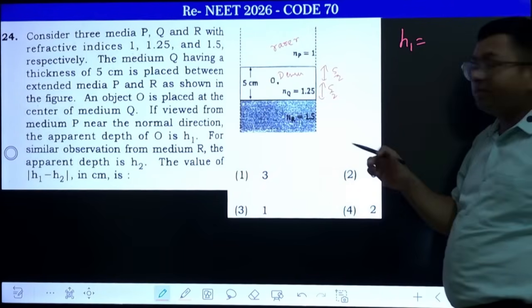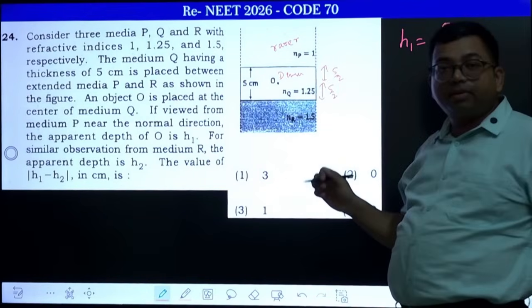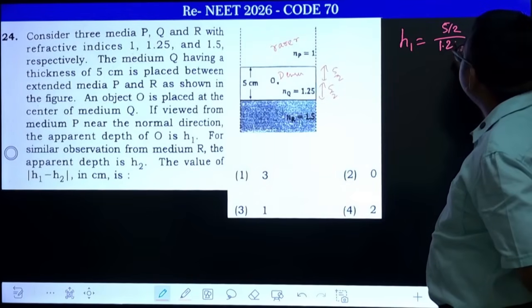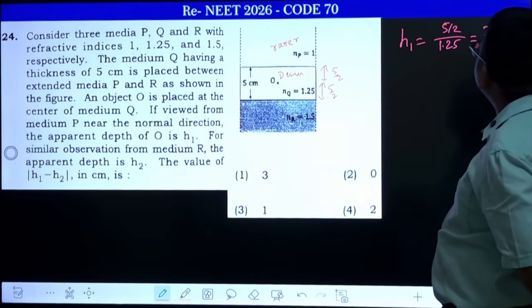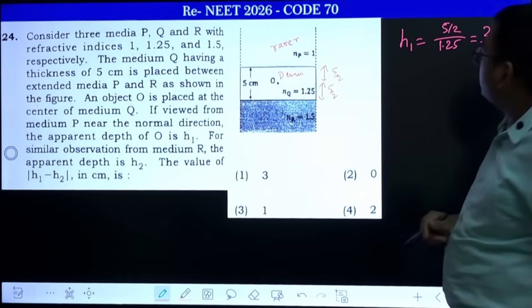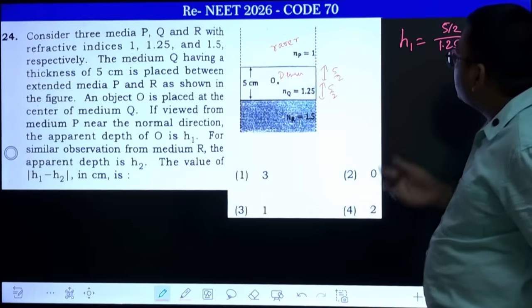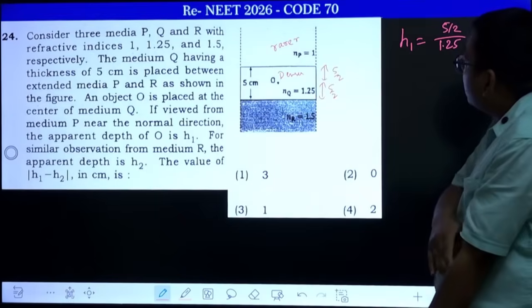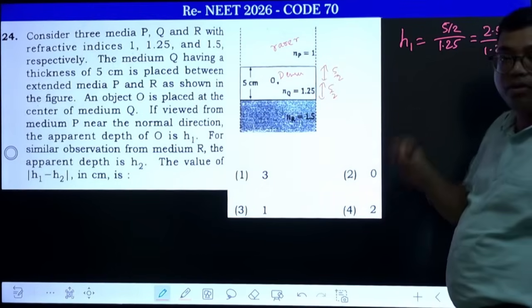The actual height 5 by 2, divided by the relative refractive index, so that is going to be 1.25, right? This is 2.5 by 1.25, correct? Apparent depth we are calculating. Apparent depth means it is going to be smaller, right? It is going to be smaller.